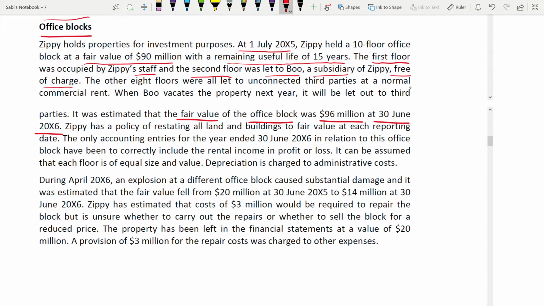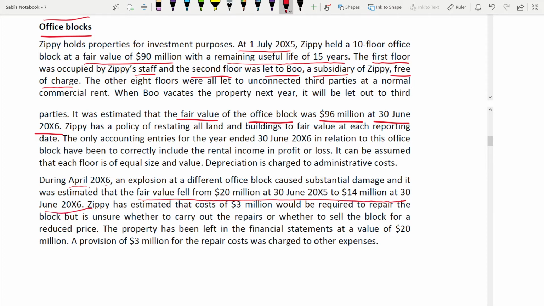April 2006 is before the year end, 30th June 2006. So at that date, an explosion at a different office block caused substantial damage, and it was estimated that the fair value fell from 20 million at this date to 14 million at 30th June 2006.